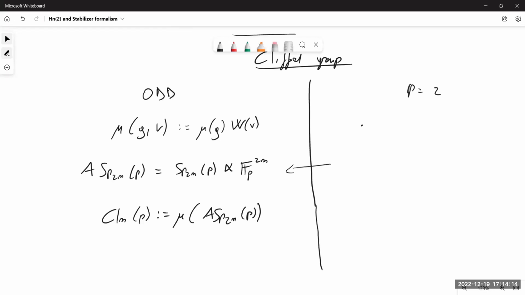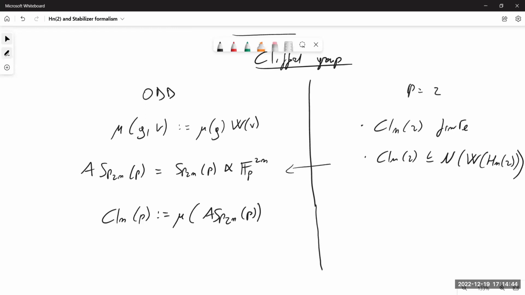But we require some structure, and basically the Clifford group is of course finite, and is in the normalizer of the Weyl operators.